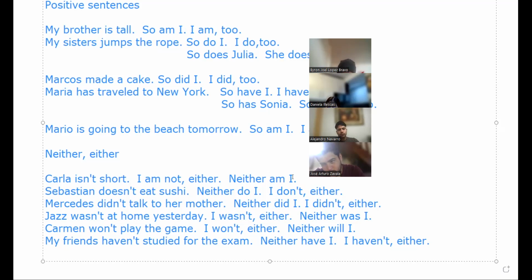If you have neither, you have to use this structure: neither plus auxiliary plus subject. If you have either, you need to use this structure. Both answers are correct, but in the exercise, you have to look at the structure, yeah? Ya, Miss, gracias.